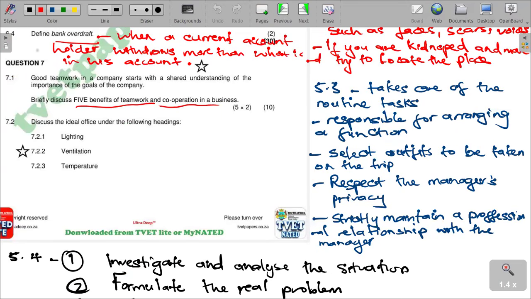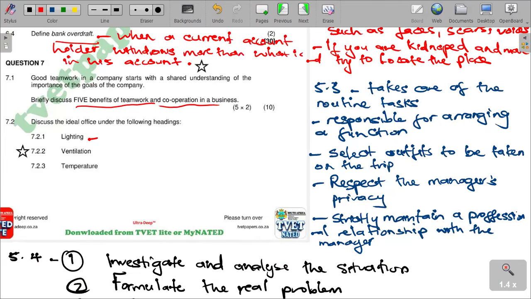Right, let's move on to 7.2. Discuss the ideal office under the following headings. Lighting. The quality of light in the office deserves a great deal of attention as eye strain counteracts productivity. If there's no proper lighting, it also affects productivity.